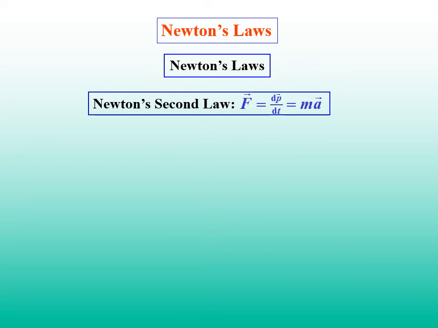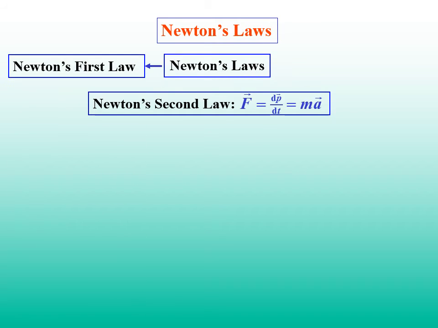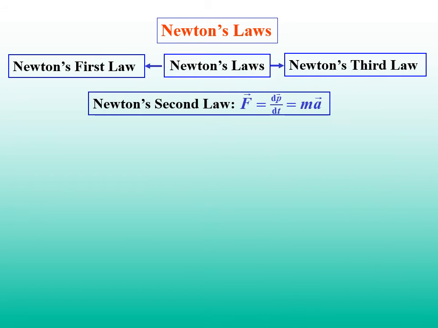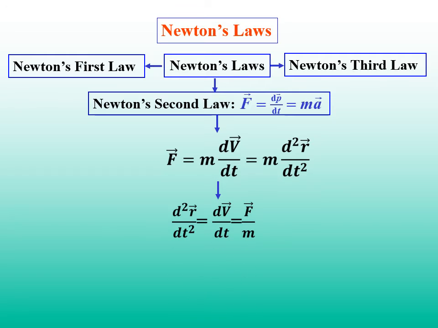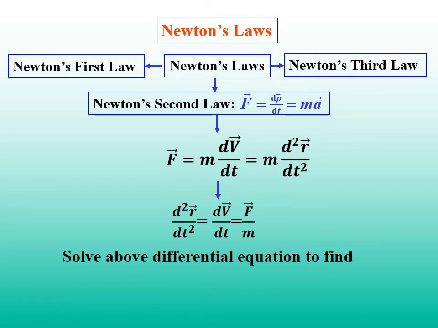The relation between acceleration and force is governed by Newton's second law. Originally, Newton wrote his second law as F equals to dp/dt, the change rate of momentum. For most cases, the motion speed of objects is much smaller than the speed of light. The mass of an object does not change during the motion.